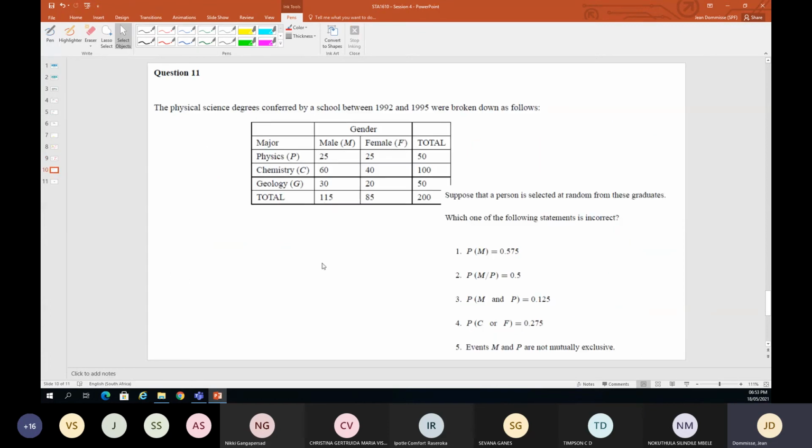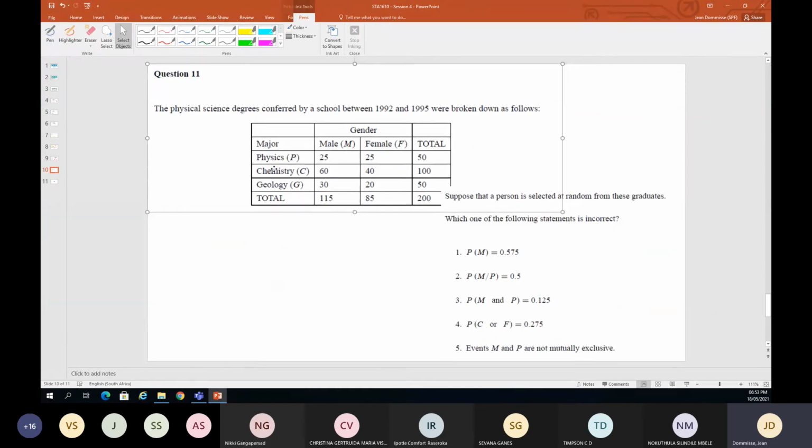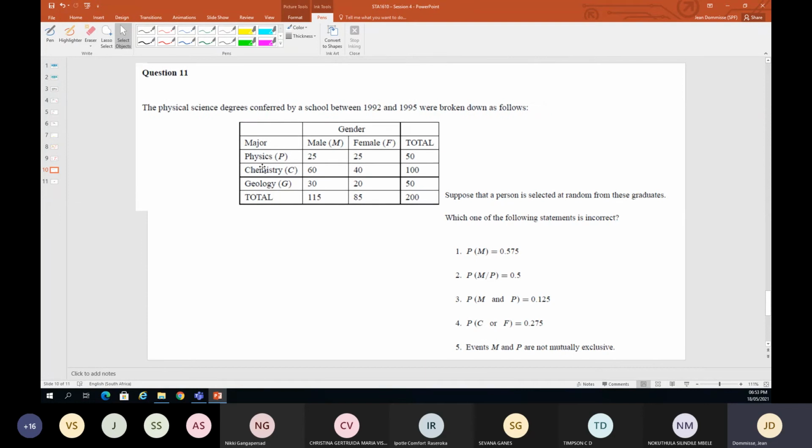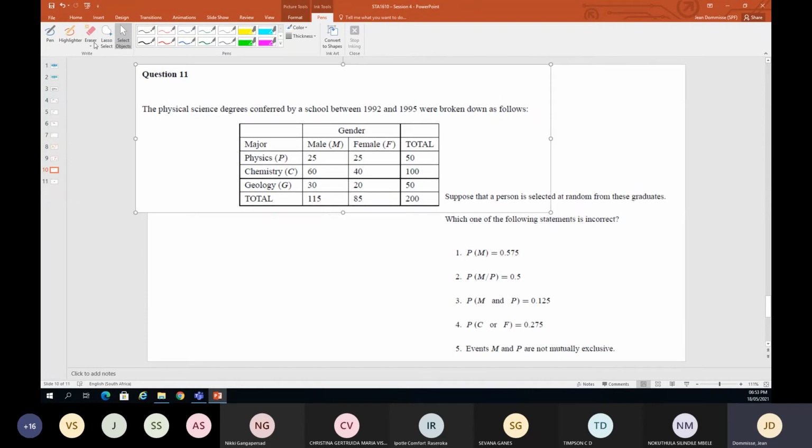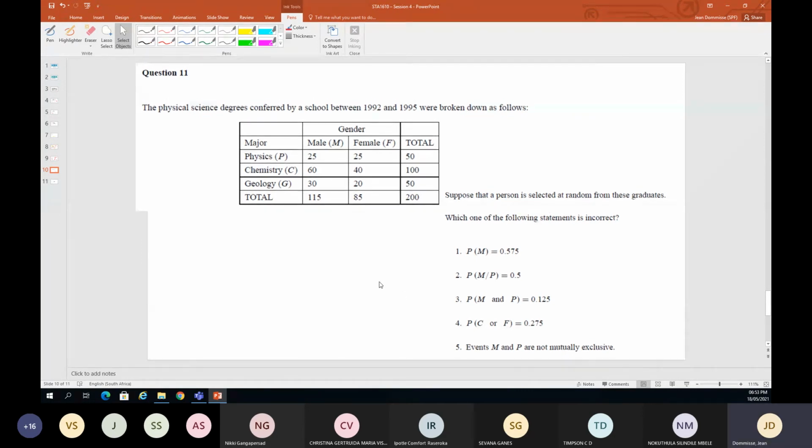Okay, let's look at the last one. Here they give you the numbers, and this is nearly the worst case if you get something like this in the exam, because you nearly need to work out a few options.